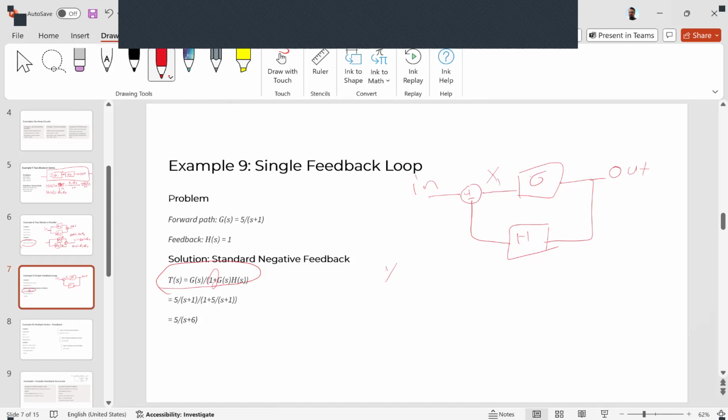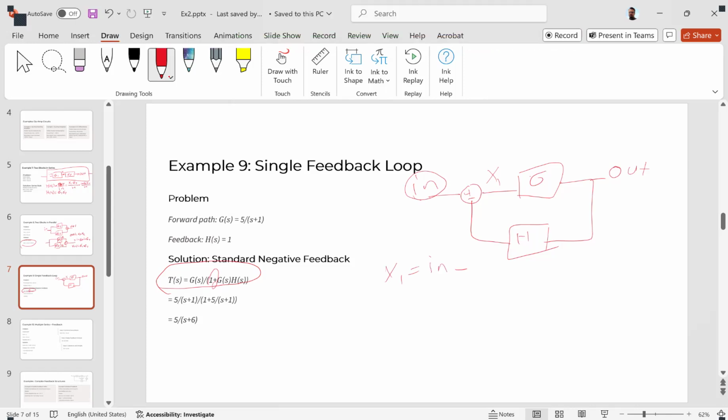X1 is the input minus output times H. Are we good? Is that clear so far?